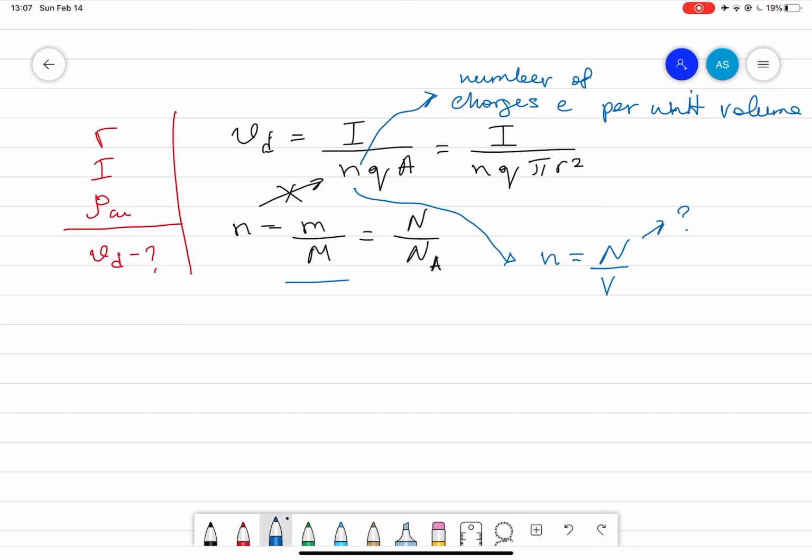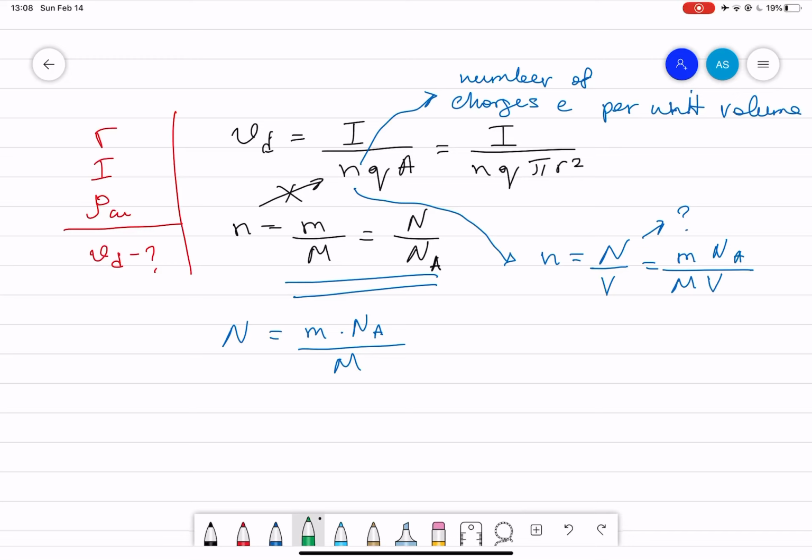We use the formula where N is equal to mass times Avogadro's number divided by molar mass. Then n is equal to m N_A divided by the molar mass of the copper and the volume. And we can see that m divided by V gives you rho. So n is equal to rho N_A divided by the molar mass of the copper.